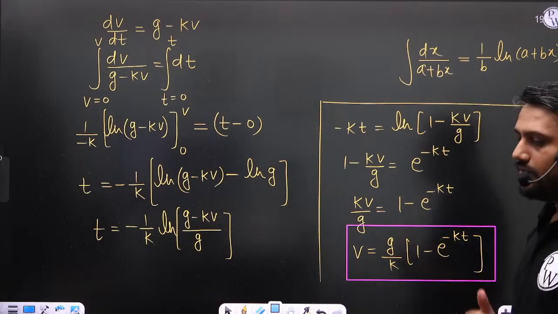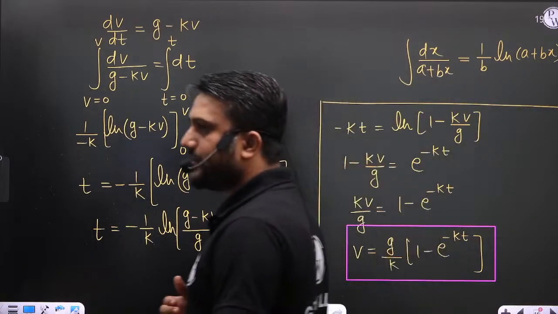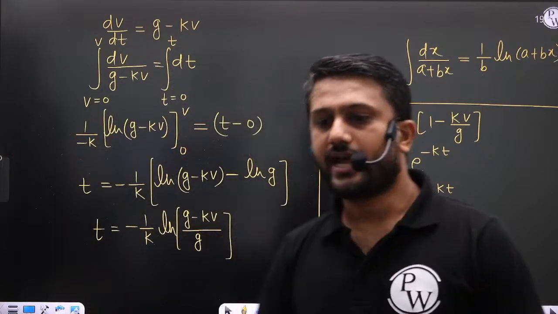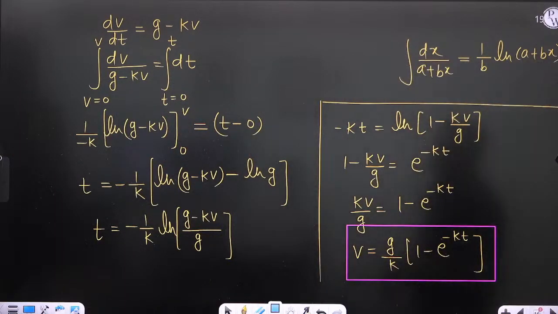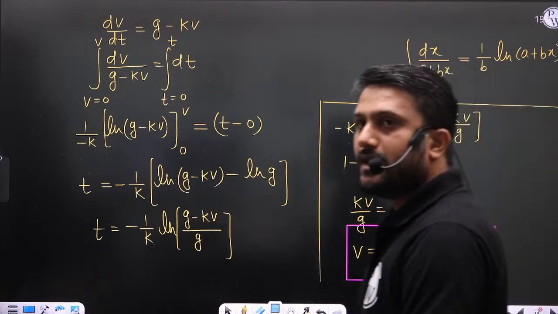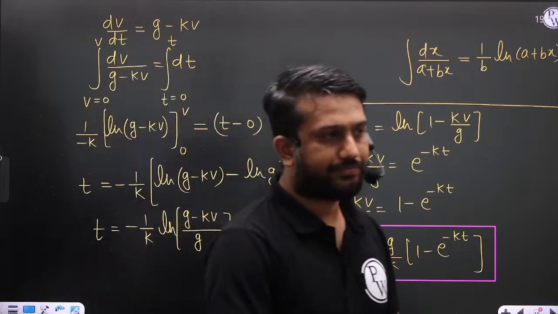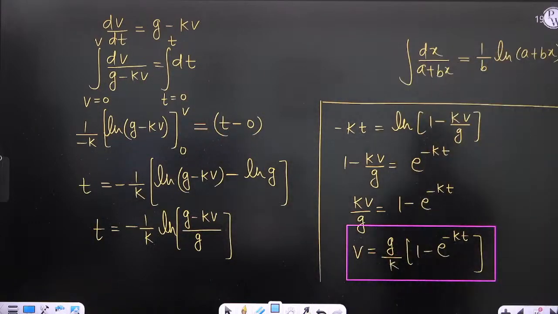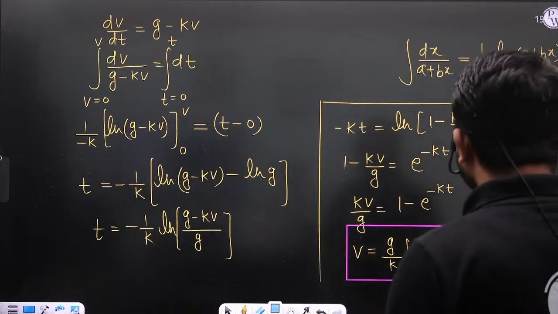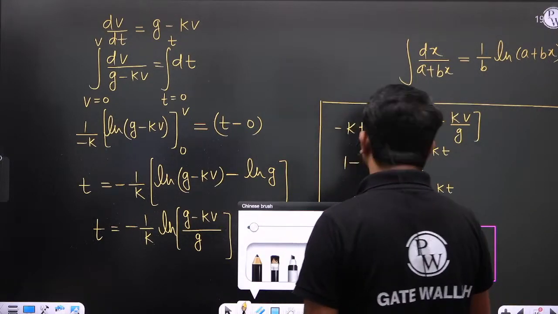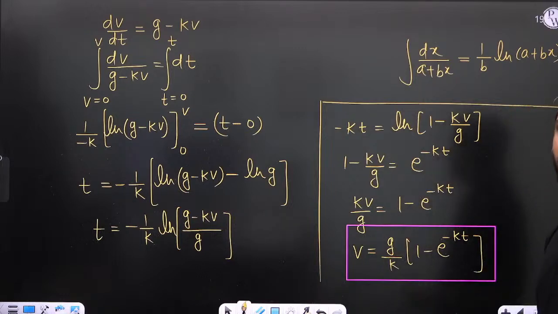So beta, how does the velocity of the block change with respect to time? Tell me. It changes exponentially.